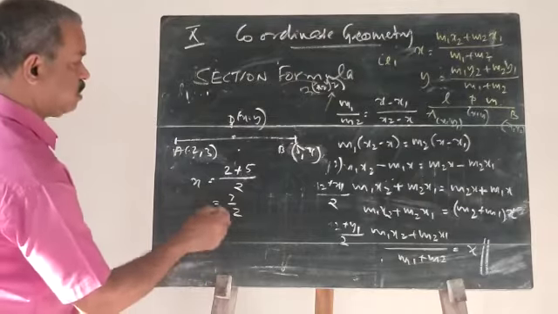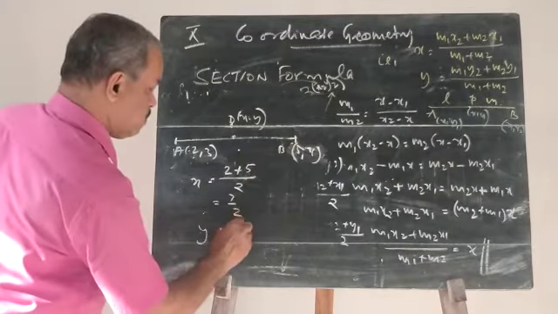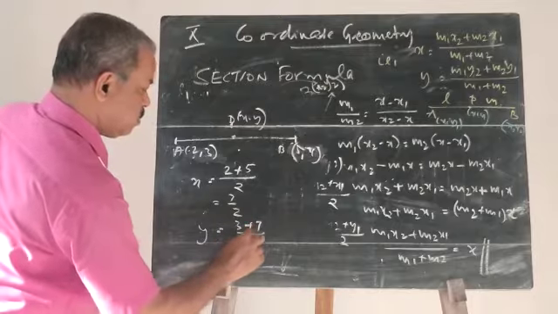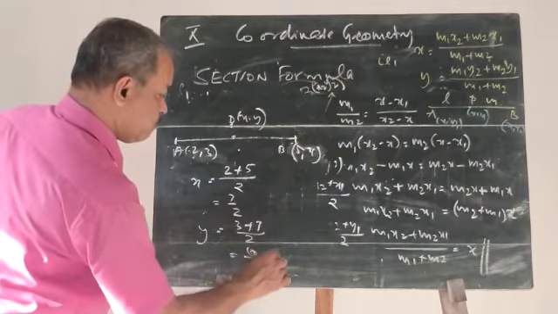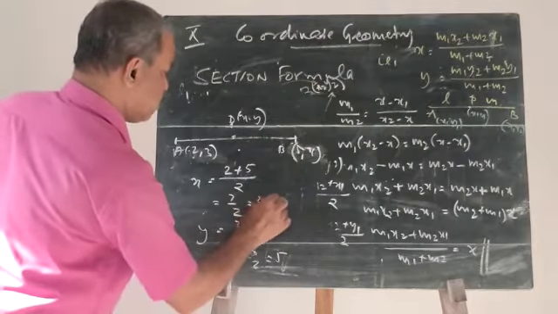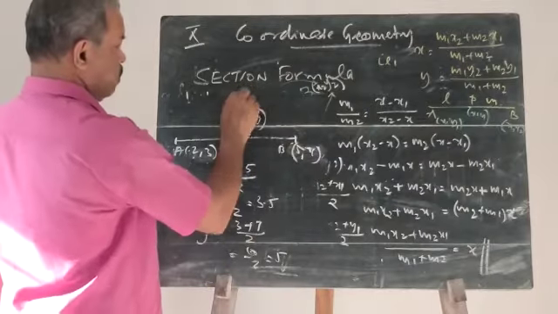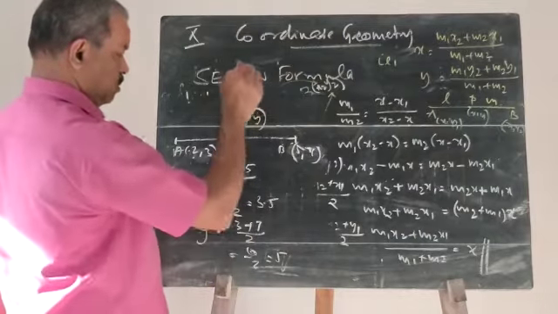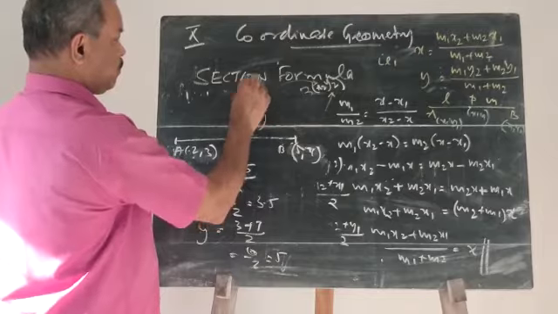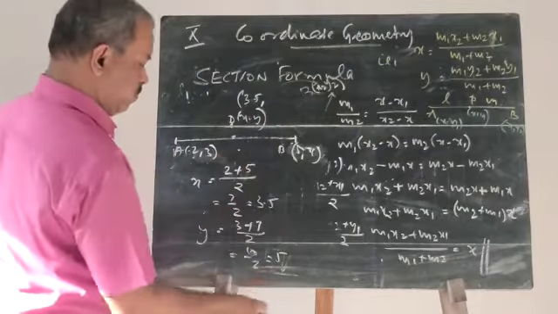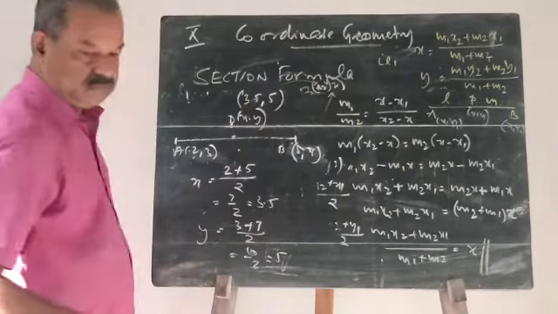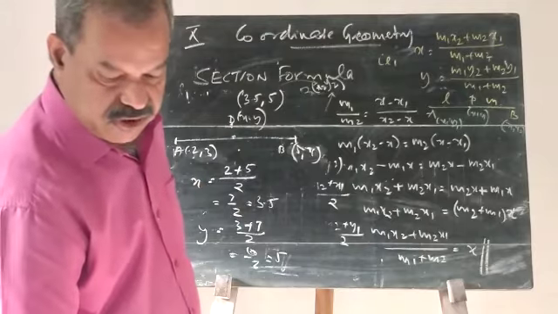Y coordinate is (3 plus 7) by 2, 10 by 2, which is 5. This x is 3.5. So the coordinates of the midpoint are (3.5, 5).